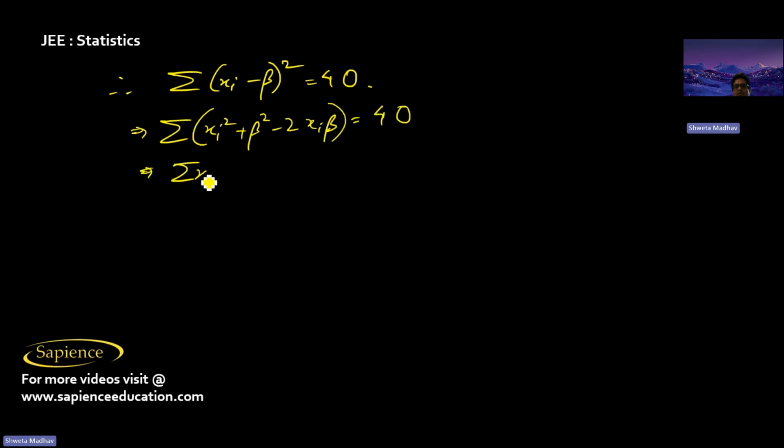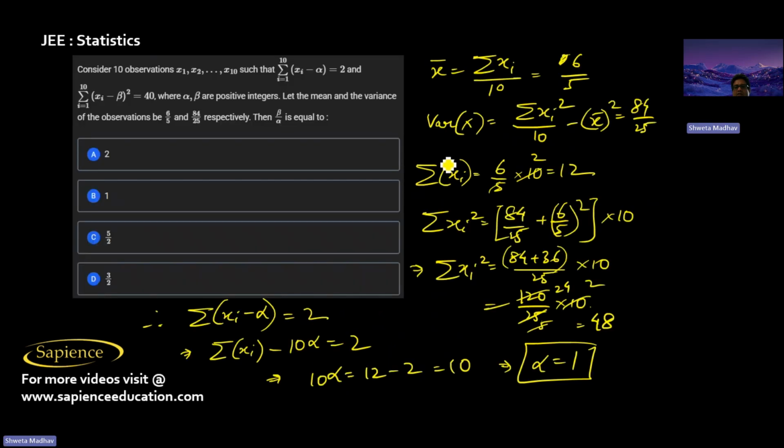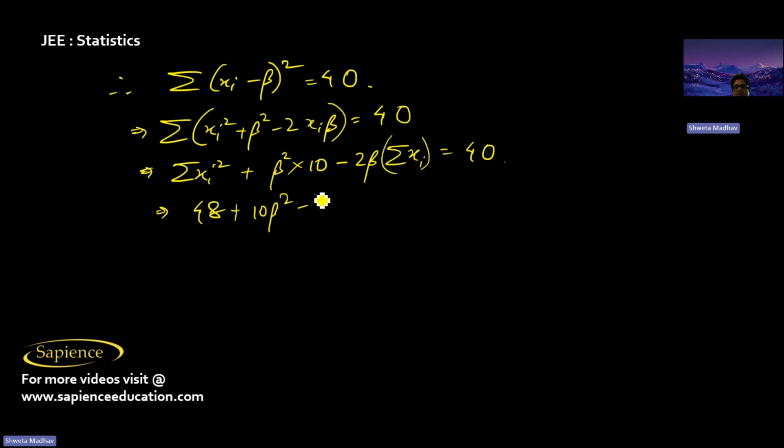Therefore, I can say summation xi square plus beta square into 10, since 10 times you have to add this, minus 2 beta into summation xi is equal to 40. Therefore, I can say summation xi square that is 48, 48 plus 10 beta square minus 2 beta into summation xi that is 12, so 24 beta, equal to 40. So this will be 10 beta square minus 24 beta plus 8 equal to 0.